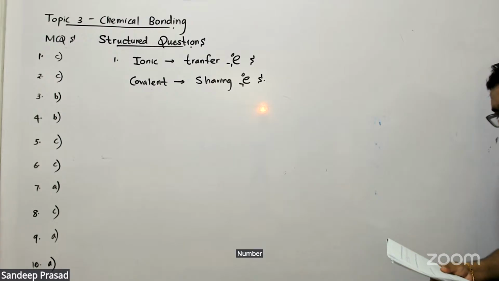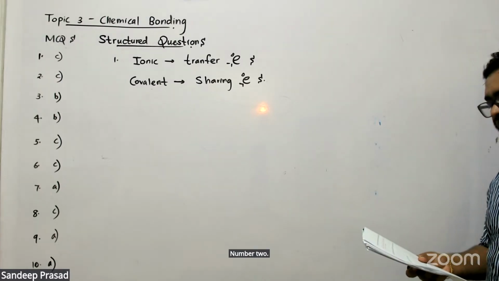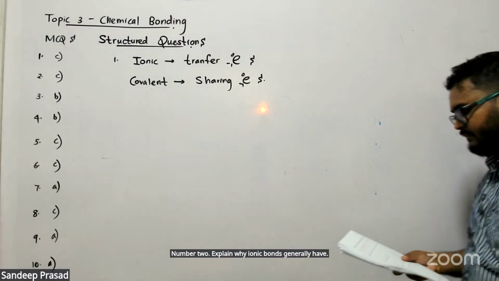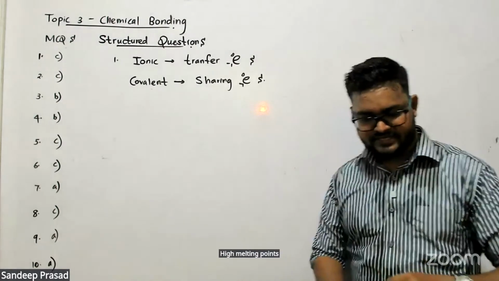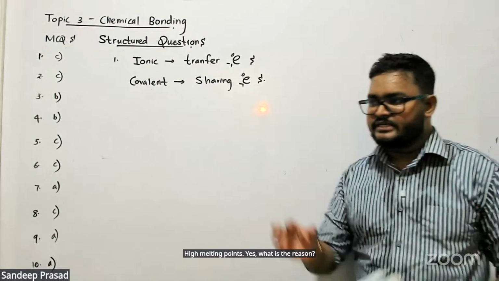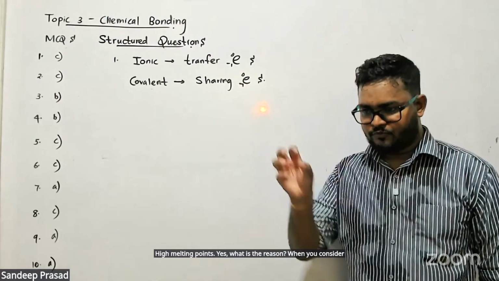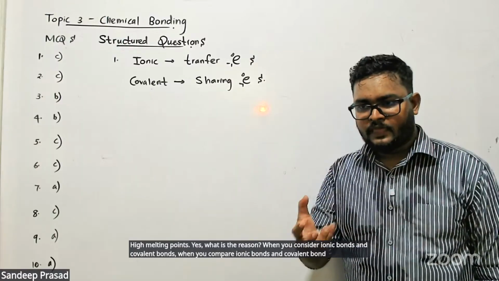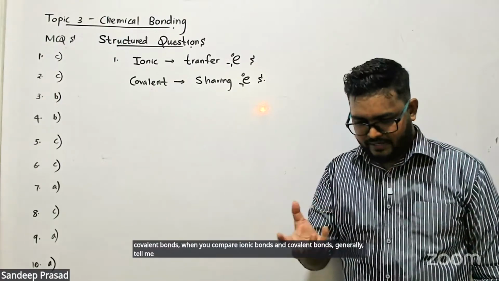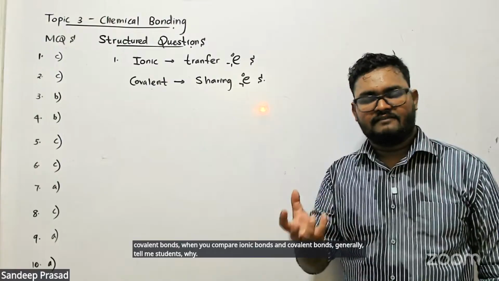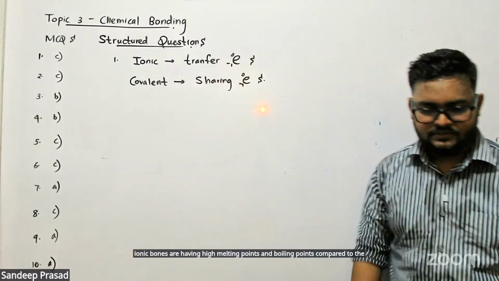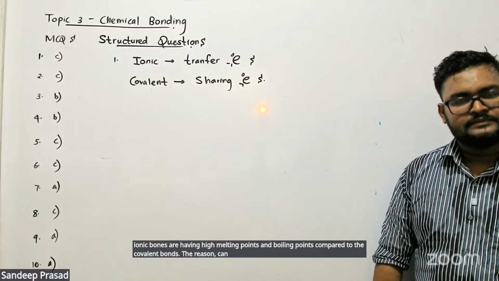Number 2, explain why ionic bonds generally have high melting points. Yes, what is the reason? When you compare ionic bonds and covalent bonds, tell me students, why are ionic bonds having high melting points and boiling points compared to the covalent bonds? The reason? Can anyone tell me the reason?